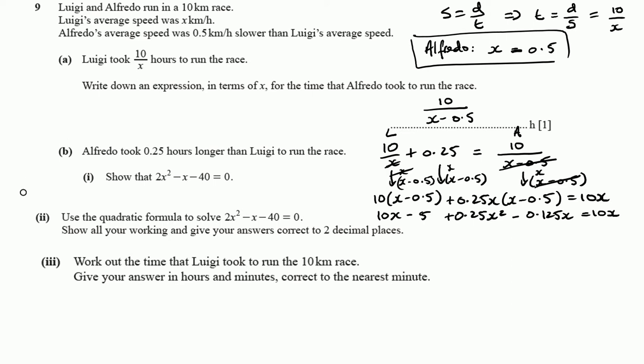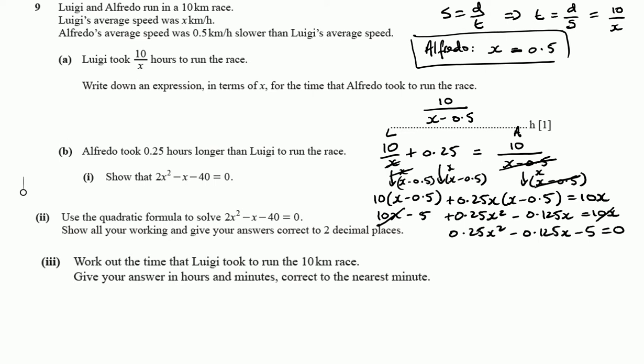Now this is looking like a quadratic, so I'm going to do the thing I usually do, which is organize this quadratic in a form ready to solve. That is 0.25x squared. That's my squared term. I've then got 10x on both sides. If I bring this 10x over, it will become negative and they'll cancel each other out, leaving behind the minus 0.125x term. And then I've got my minus 5, and that equals 0.